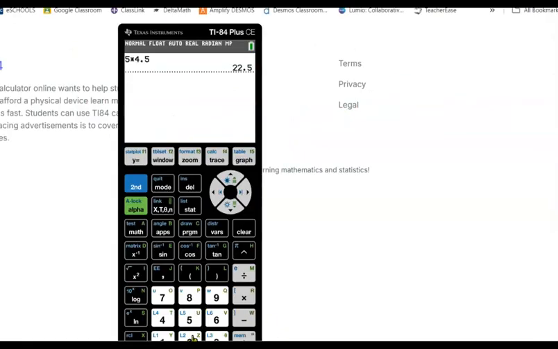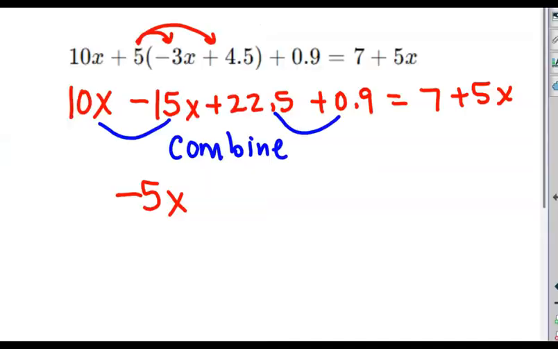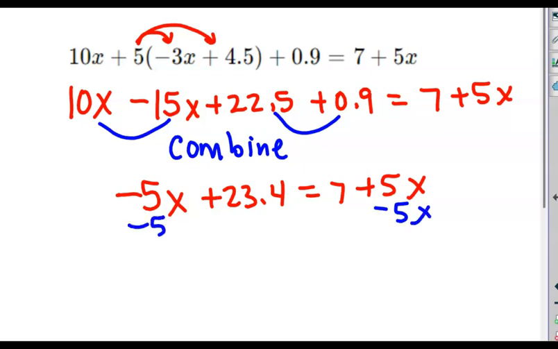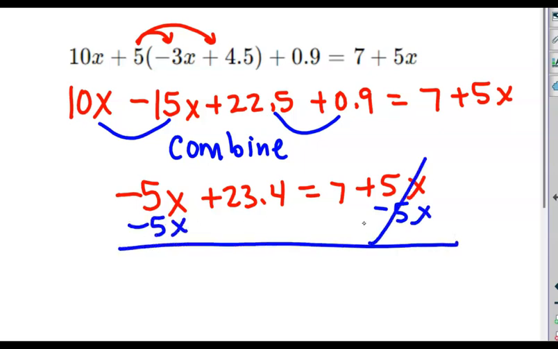22.5 plus 0.9 is 23.4. So plus 23.4 equals 7 plus 5x. Now I'm going to subtract 5x from both sides so that I can get all of my x's together.